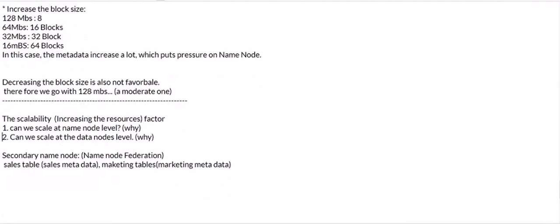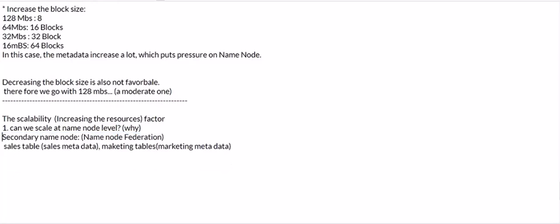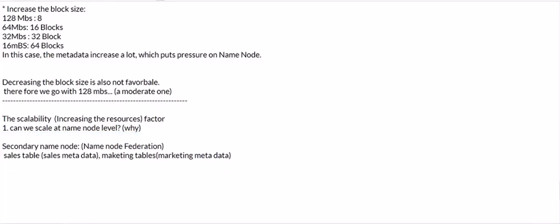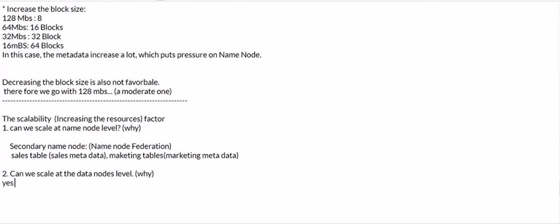Let's first talk about, can we scale at the data node level, and why do we need it? I'm just putting this under can. Yes, we can. Why do we need it? When more data comes in.